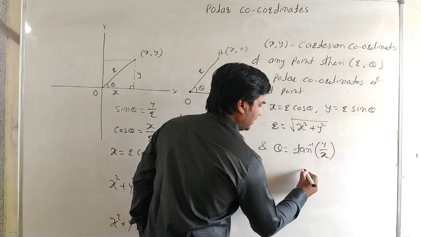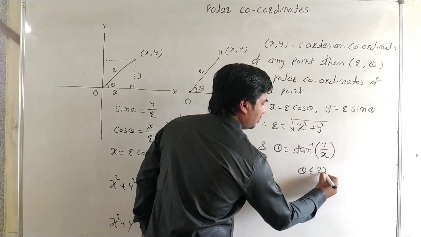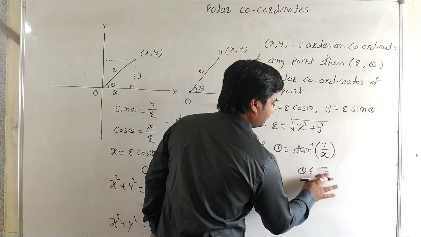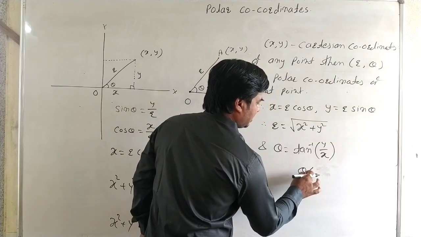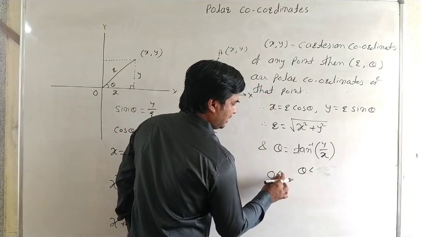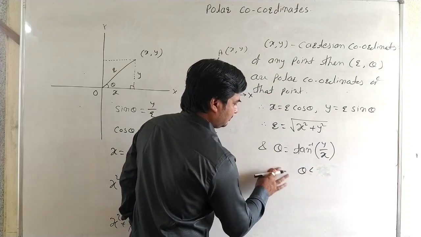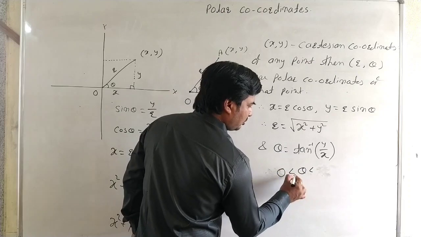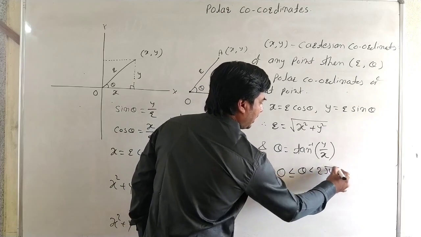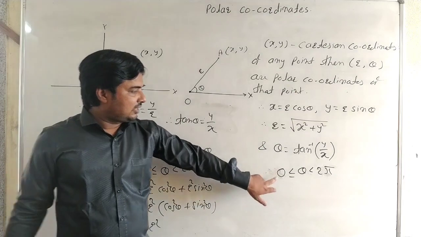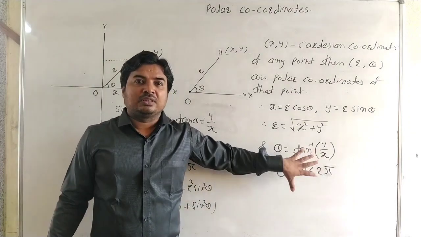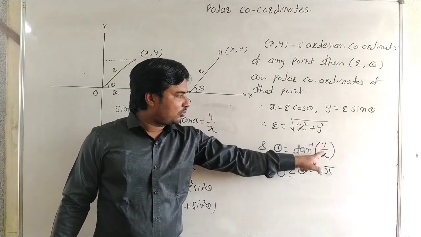Here the condition for theta is 0 less than or equal to theta less than 2 pi.